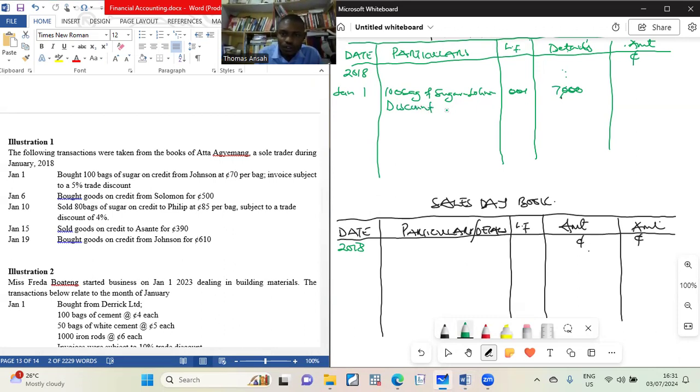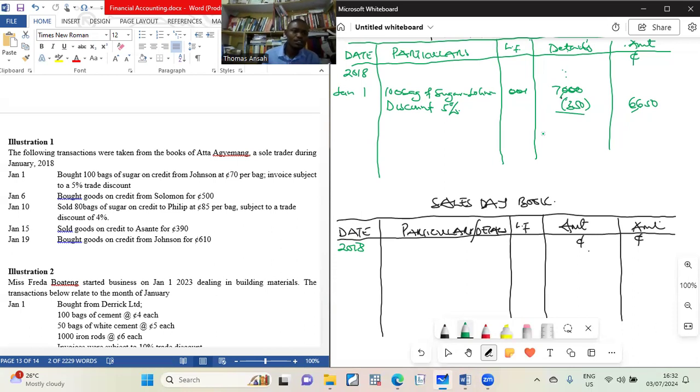Discount of 5%. So what is 5% of this? 0.05 is 350. So it is supposed to reduce the amount. So I put here 6650. So this is why I create the two columns. All right, so basically that is that.